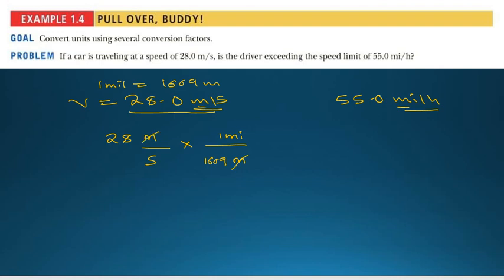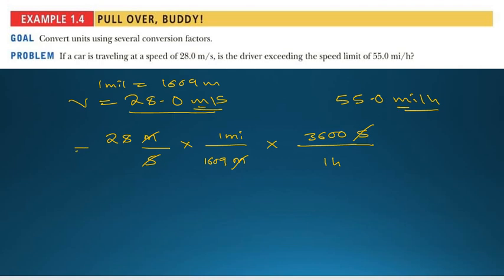This is how we convert. What about seconds? To cancel seconds, they must be on top, and we know that 1 hour is made of 3600 seconds. So seconds and seconds cancel.